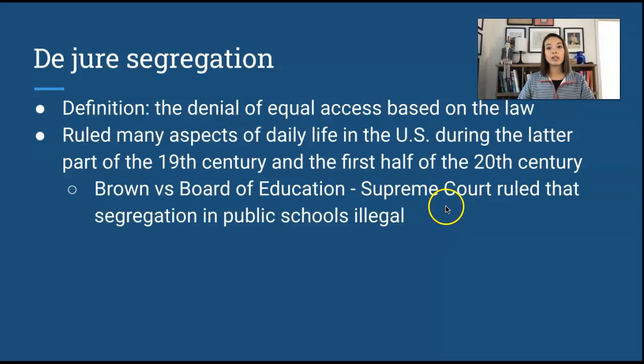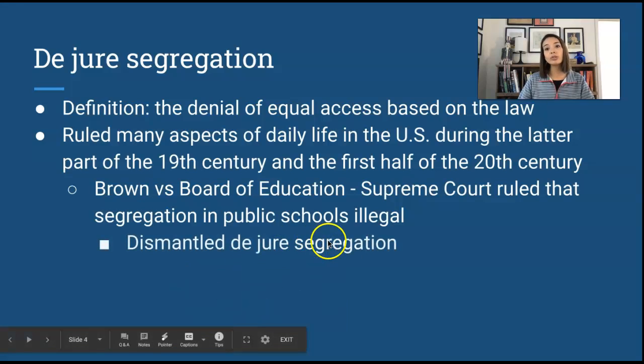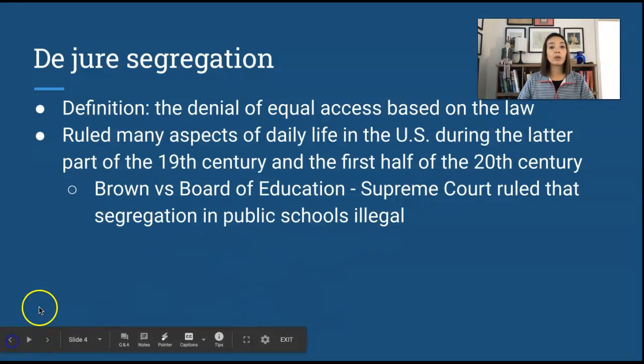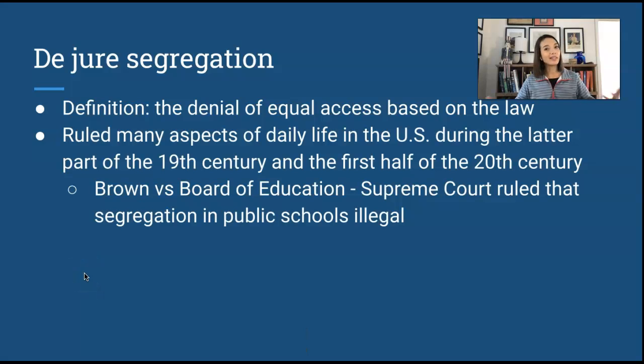But the summary is that the Supreme Court ruled that segregation in public schools was unconstitutional. It was illegal. So you can make the assumption that before Brown, before this landmark court case, in the United States, it was okay to separate the races in schools.